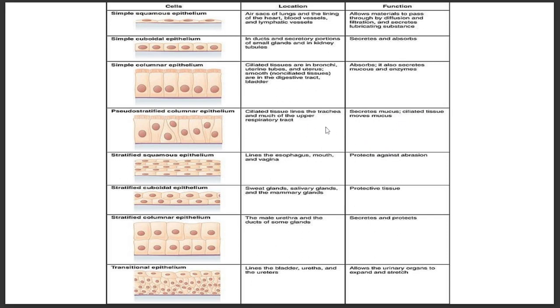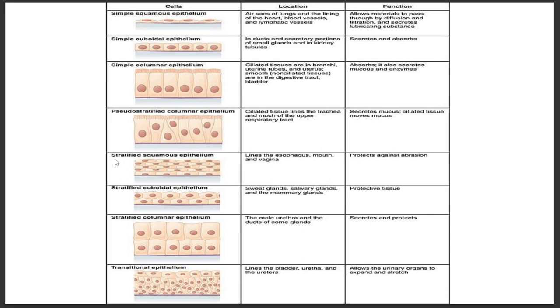So we are going to find this in the trachea and much of the upper respiratory tract. This is the upper respiratory tract, not the lower one, because when you go into the air sacs, you have simple squamous, because that is where diffusion is happening. But for the upper respiratory tract, you have the pseudostratified, because you need this thick, tougher environment to be able to push things going up with these cilia present on top.